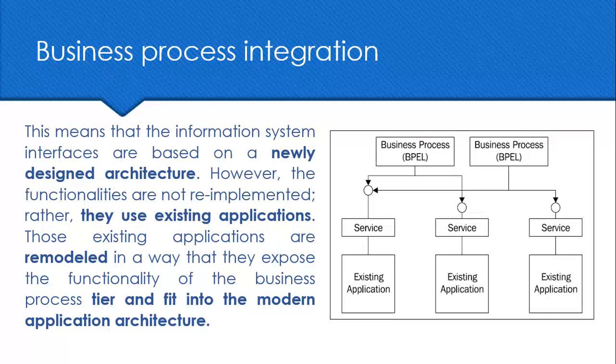Those existing applications are just remodeled in a way that they expose the functionality of the business process tier and fit into a modern application architecture. So businesses save costs because they did not create a new application. They are just integrating.